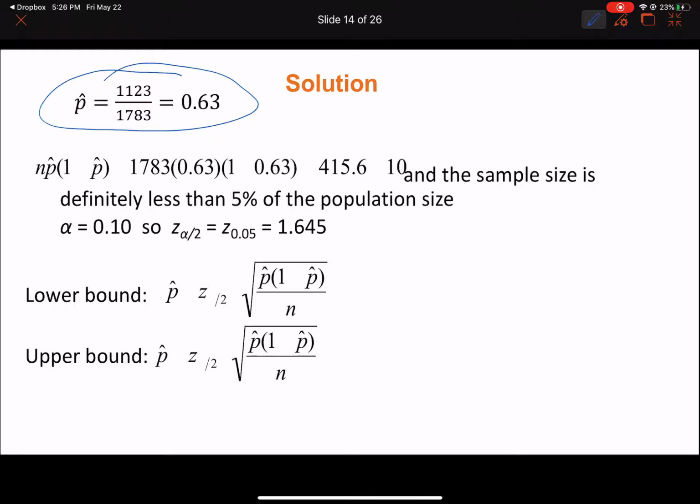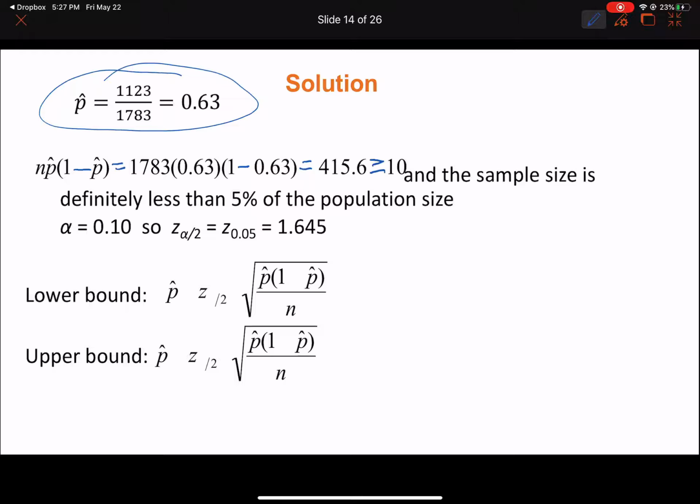So I need to fix these because sadly they don't show up well. I did the n times p times 1 minus p in order to determine if we have a normal distribution. So I did all of the math here.